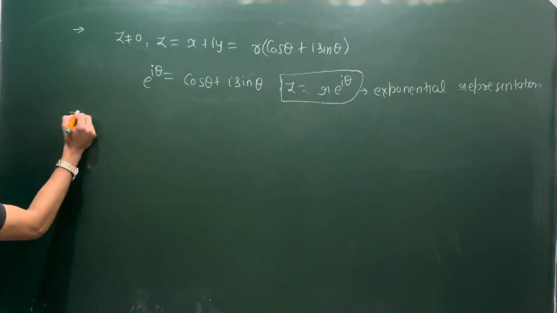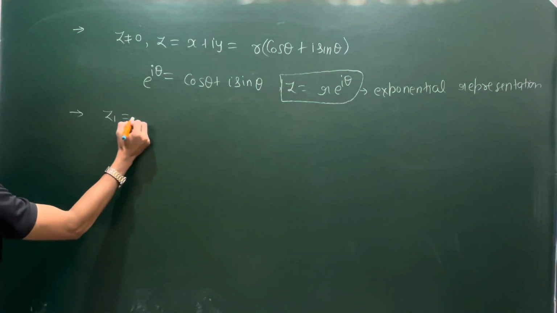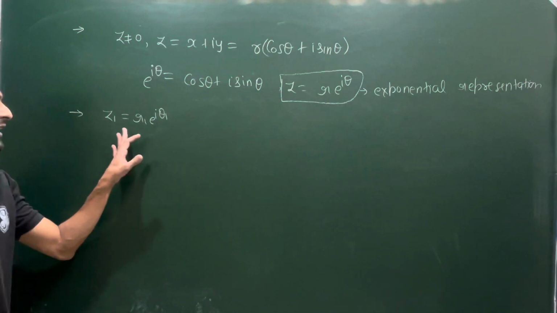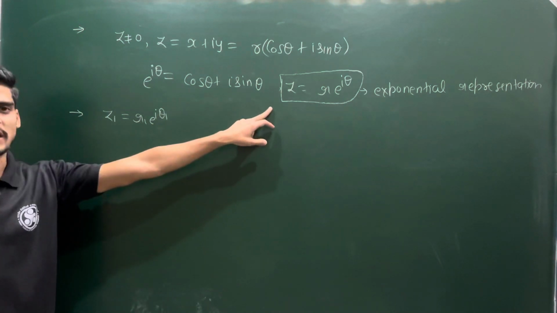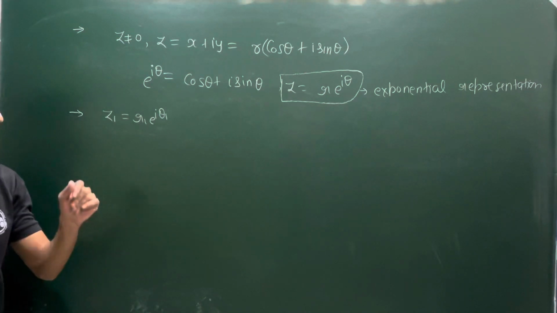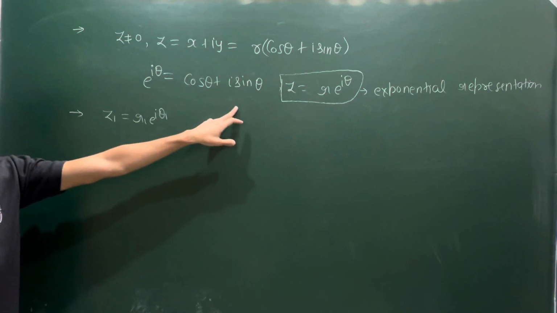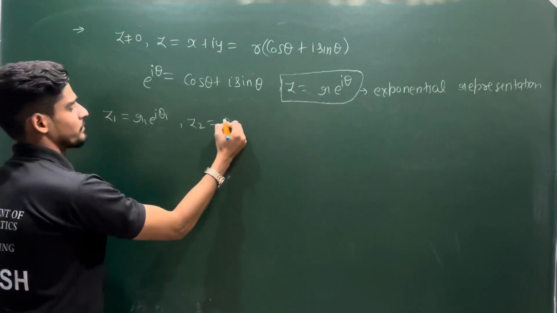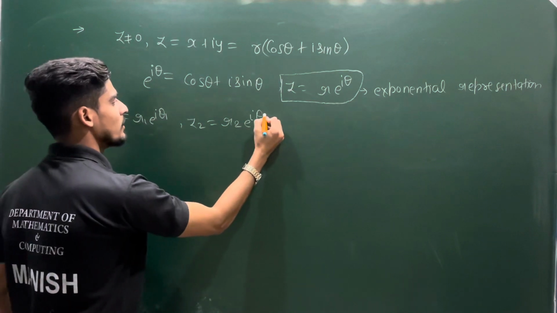Now suppose z1 is r1 e power iota theta 1. It is understood that whenever I am defining a polar representation or a trigonometric representation or exponential representation, my complex number is non-zero. Otherwise, I cannot talk about it. Say z2 is r2 e power iota theta 2.